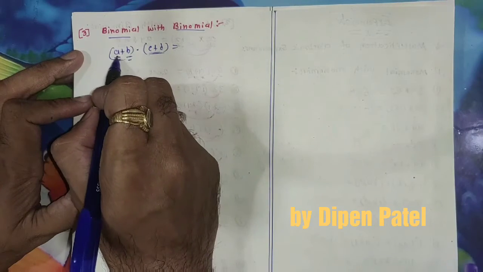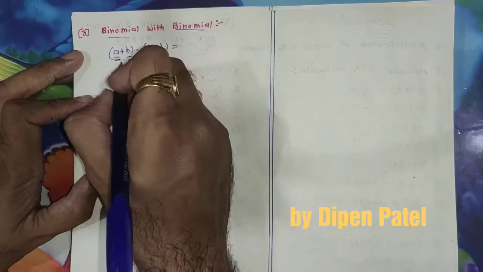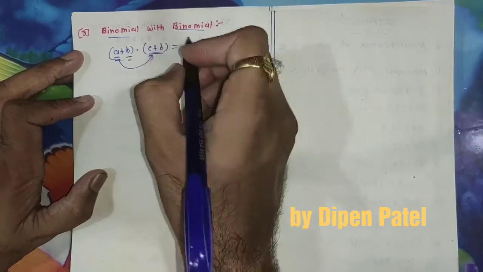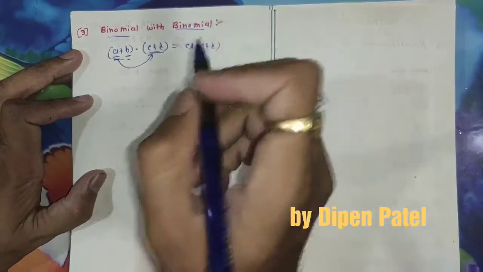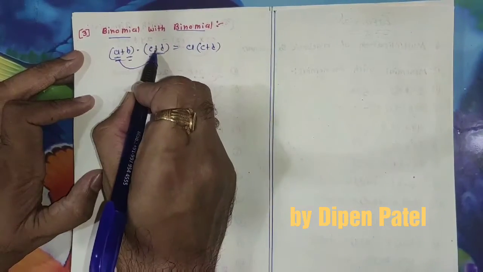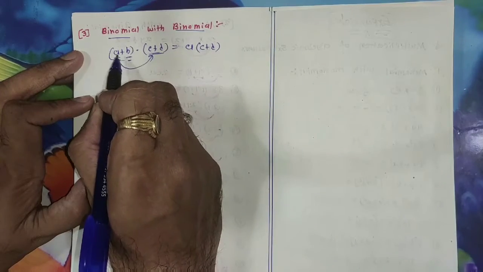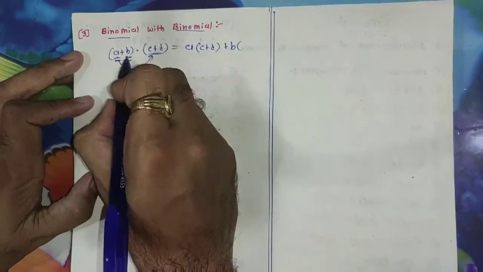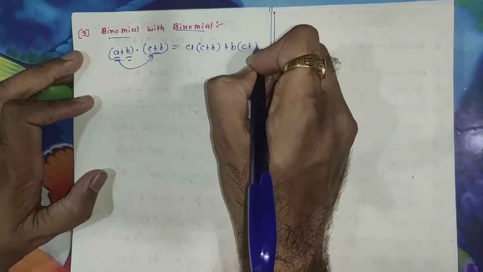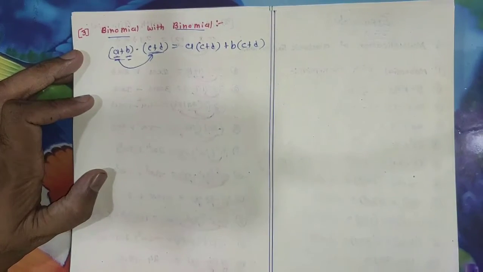How? This is first term a, so multiply this a with this entire bracket. So it will be a into c plus d. Then consider the second term, which is plus b, and multiply it with the second binomial.